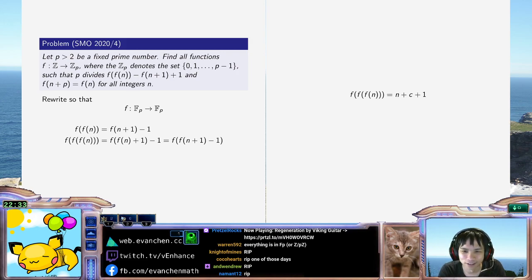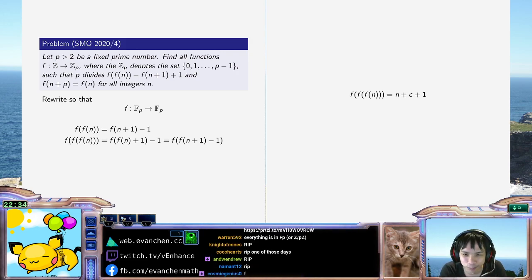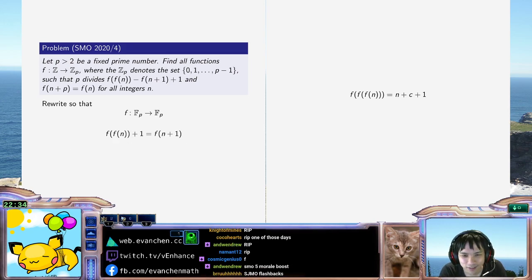Okay, alright. I have an idea. What if I move the plus 1 over and then take f of both sides? Is that gonna do anything? I don't think this will do anything.